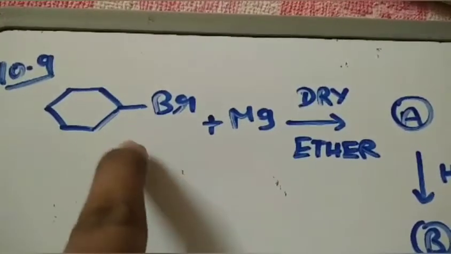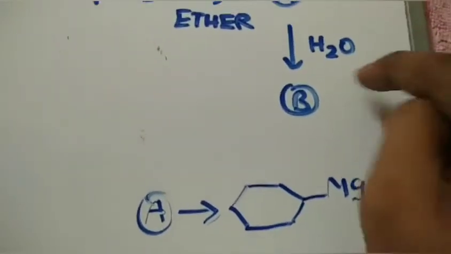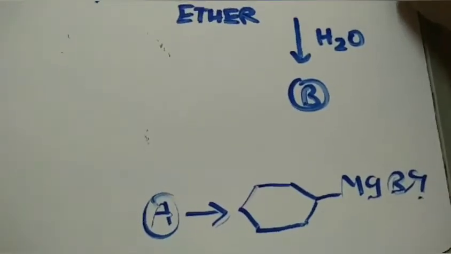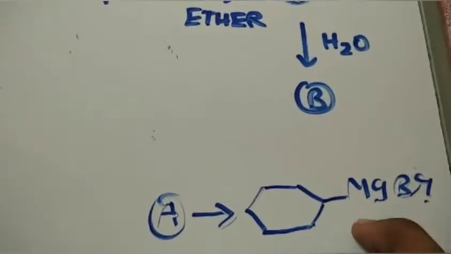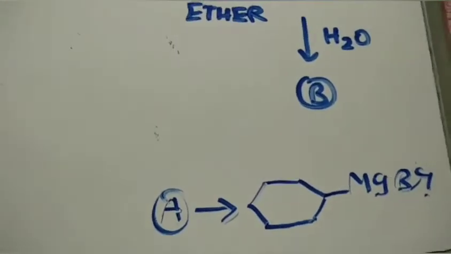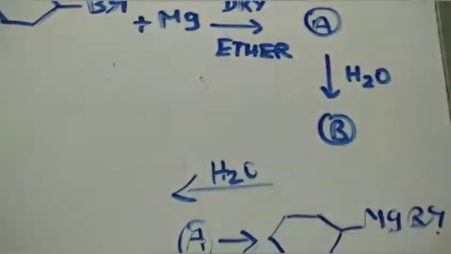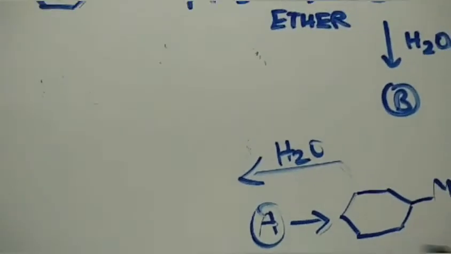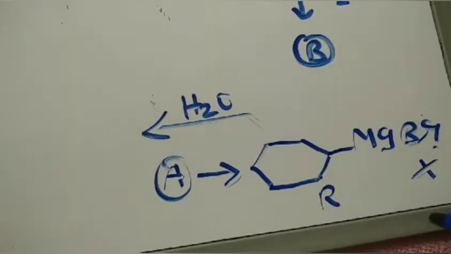From an alkyl halide we form a Grignard reagent here. When you react it with H2O, this reaction you have to remember, okay. It's given in the NCERT book only. When RMgX reacts with H2O, what will happen? An alkane will be formed. Here this is the R part, this is the Mg part, this is the X part.